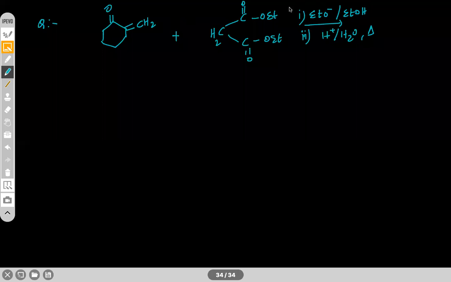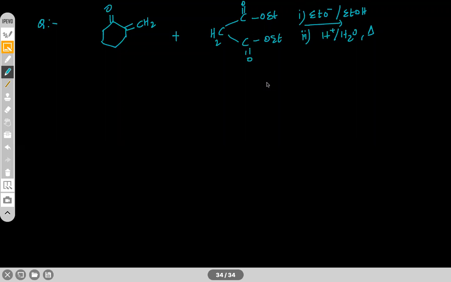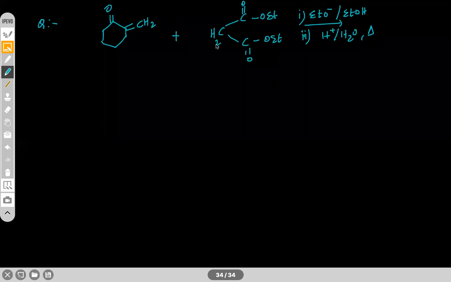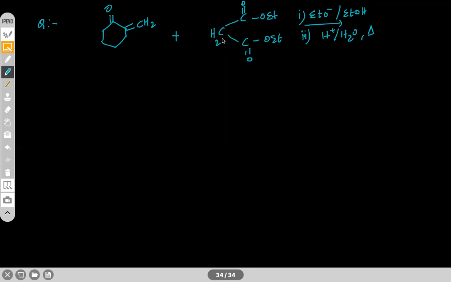Okay, so here what happens, this negative charge, this will attack on the 4th carbon, correct? 4th carbon is this 1, 2, 3, and 4.